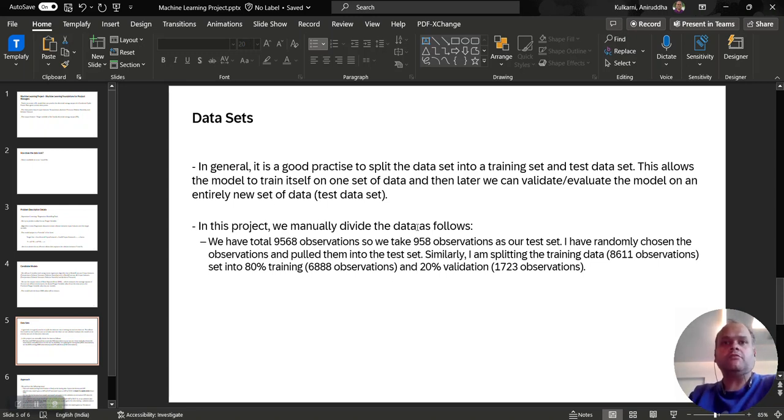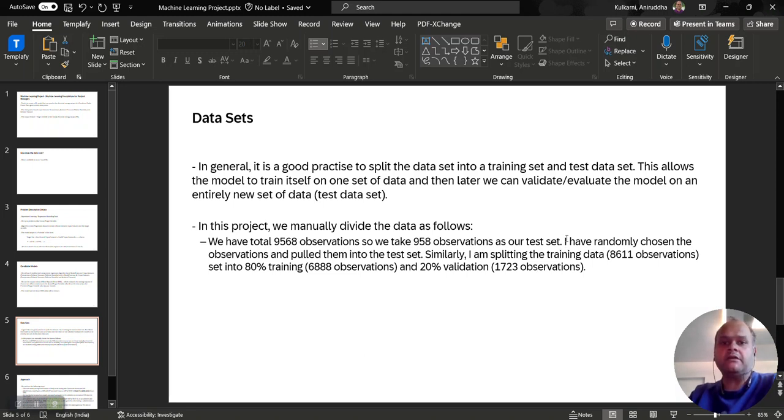So in this project, we had a total of 9,568 observations. I took roughly 958 observations, so close to 10% of the observations, as our test set. I wrote up a small script to randomly pick 958 rows from the original data set and converted that into my test set. The remaining data became my training plus validation data.